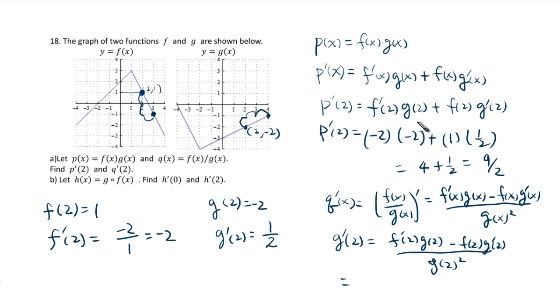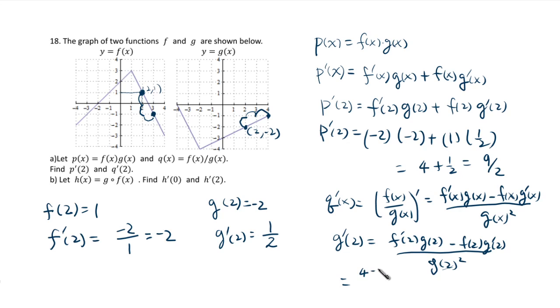F prime of 2, well, we have it here, f prime of 2 is -2, right? It's essentially this one, except you see the difference between the product rule and the quotient rule is quotient rule has the denominator squared, and then the plus becomes minus, right? So we can just look at this and change that to a minus.